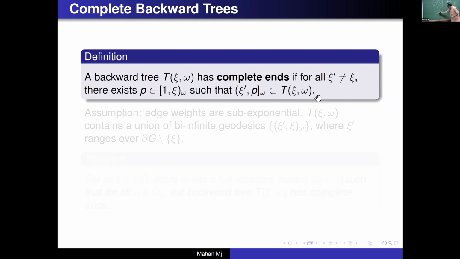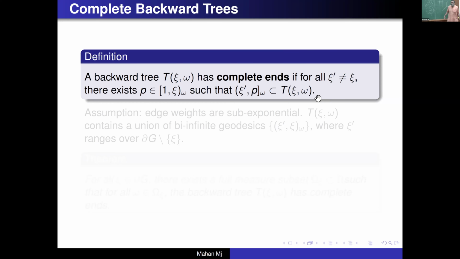You could have stuff going off and deviating, then having a dead end here. Then going a little forward, you have another dead end. Then somewhere else, something else goes on. So you have a sequence of points converging to xi prime, but you don't have a ray converging to xi prime. A priori, it's a possibility, and it's a very irritating possibility.